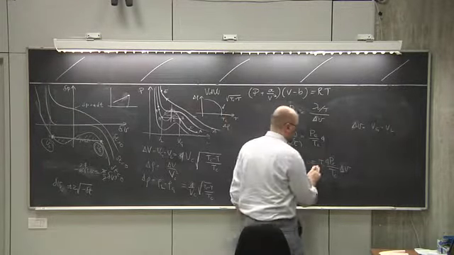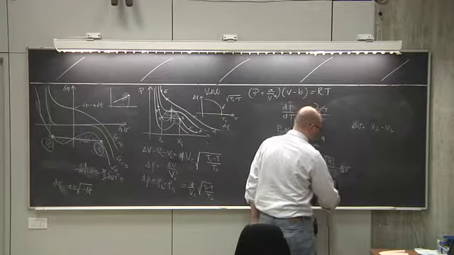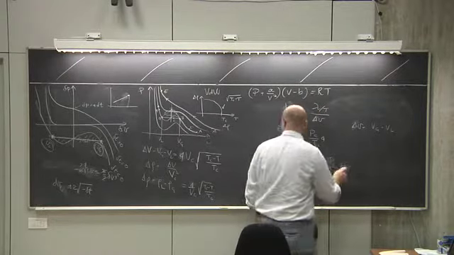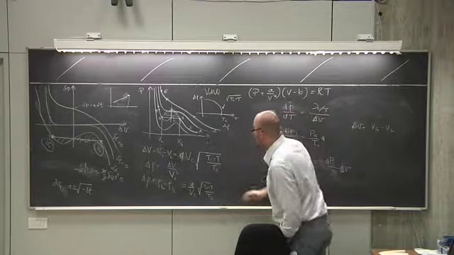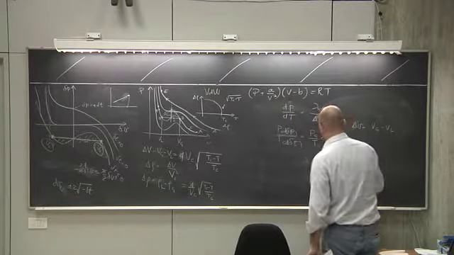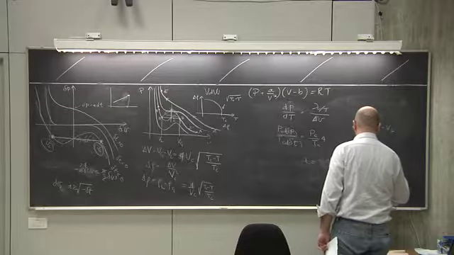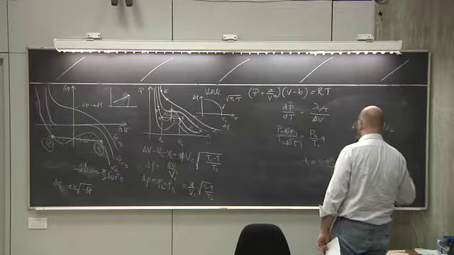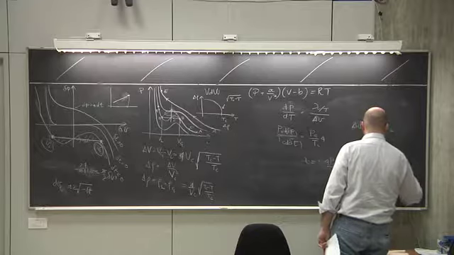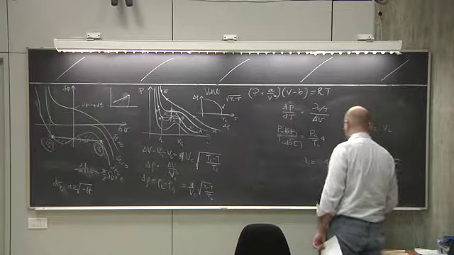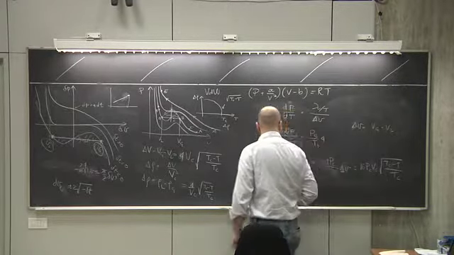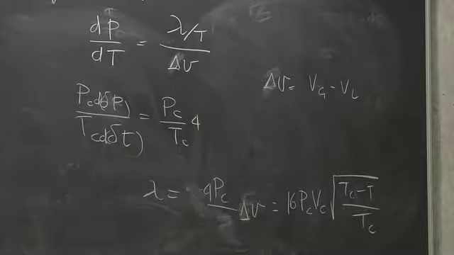So this goes away. And this delta V, we got it from here. So this becomes 16 times Pc Vc square root of Tc minus T divided by Tc.